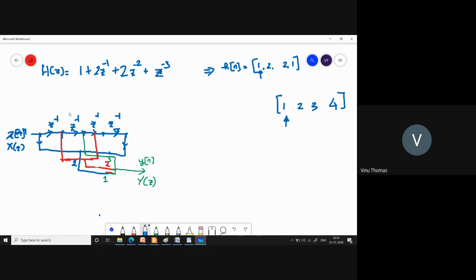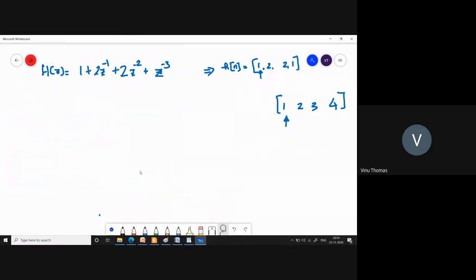So now let us look at the filter in question and try to implement it. This is a type 2 filter. Think of x of n as the input, X of z being its z-transform.